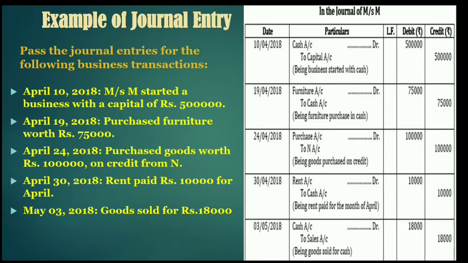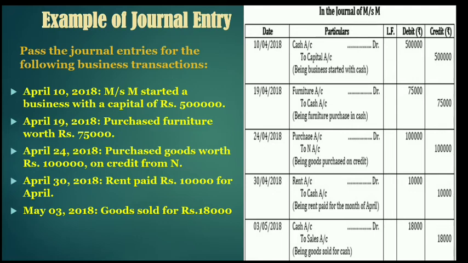You are keeping your goods in a rented house, so you have to give a particular amount of money to the owner. So 10,000 is credited to cash and rent account is debited. Being rent paid for the month of April.